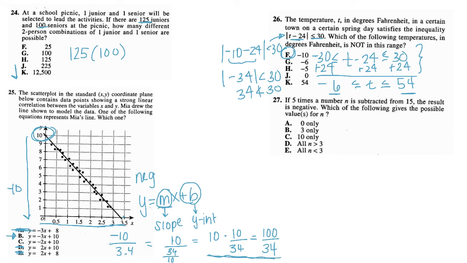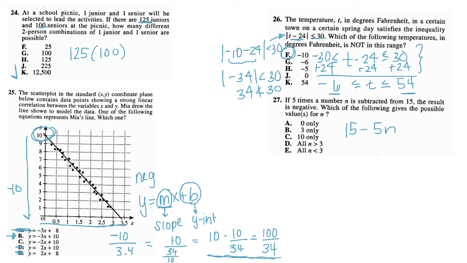and let's read through that one. If 5 times a number n is subtracted from 15, so I have 15 minus 5 times a number, the result is negative. Which of the following gives the possible values for n? Well, let's look at the values. If I plug in 0, that's not going to give me a negative, right?